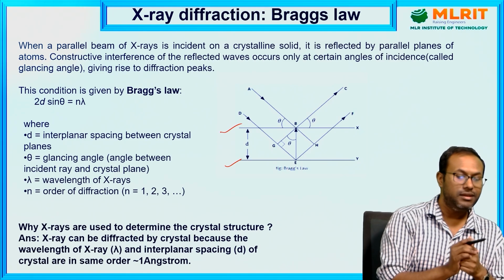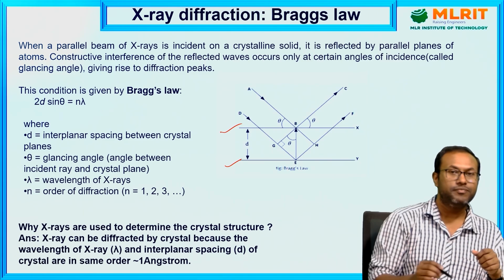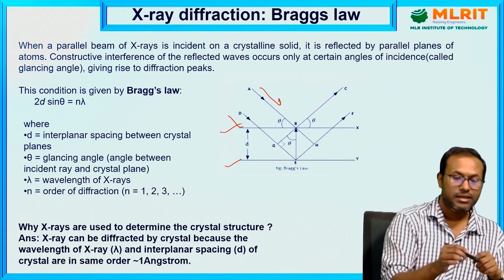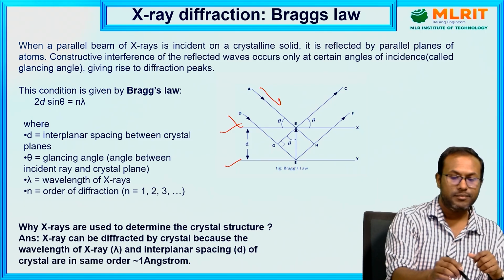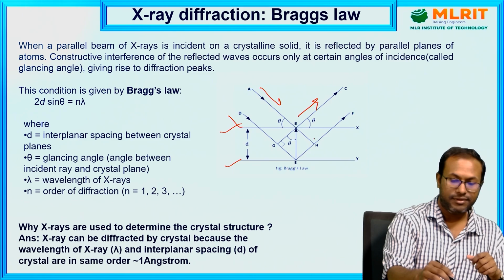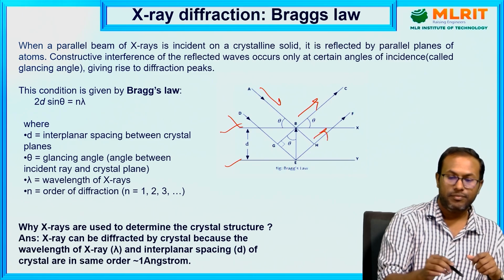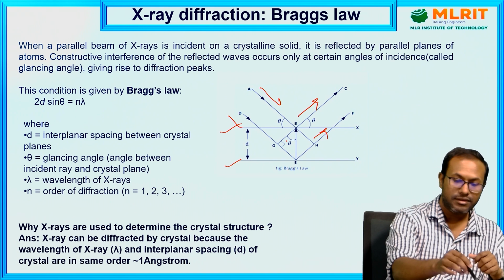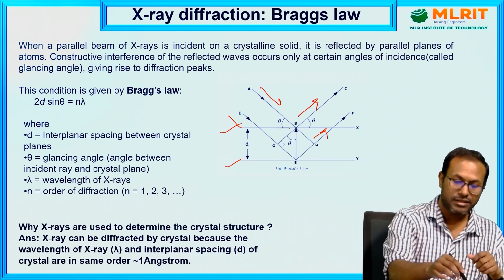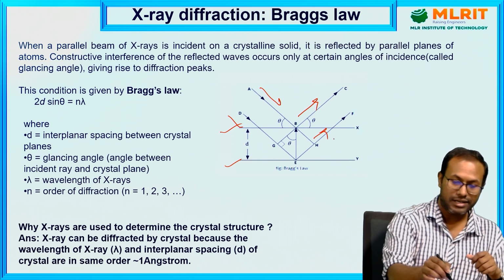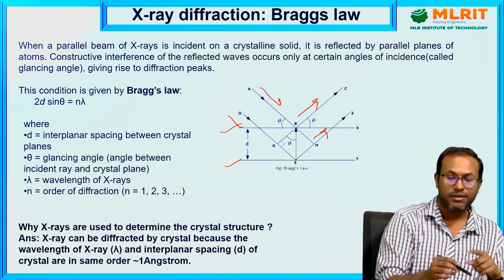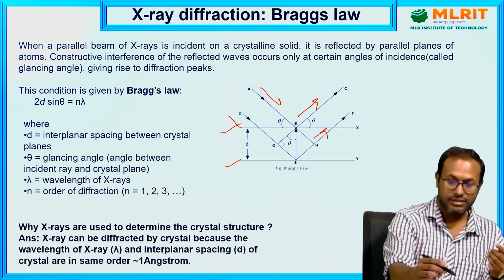Now what is happening: suppose a parallel beam of X-rays comes and is incident on a crystalline solid, and it is reflected from the parallel planes. When the X-ray beams fall on the crystal surface or lattice planes, they are reflected, and after reflection those rays interfere.